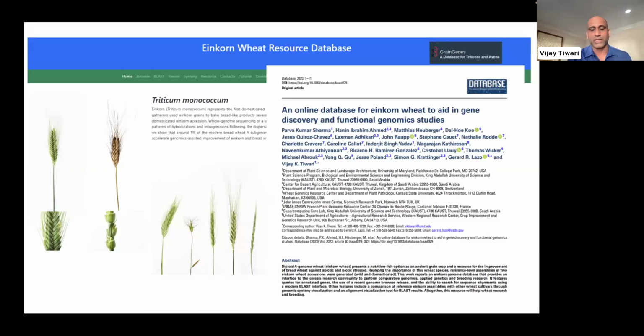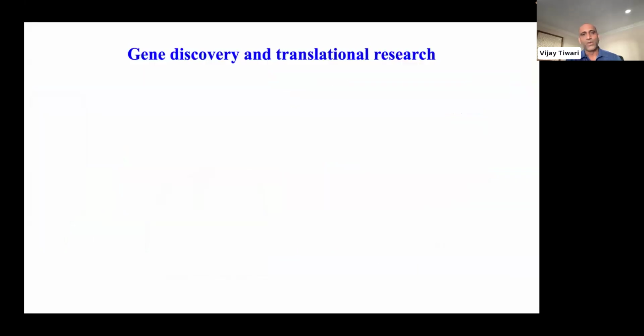We tried to put together all the resources under one particular setup so we can fast track the discovery pipeline. I will show you some examples of how we are using monococcum as a model for gene discovery and translational research.